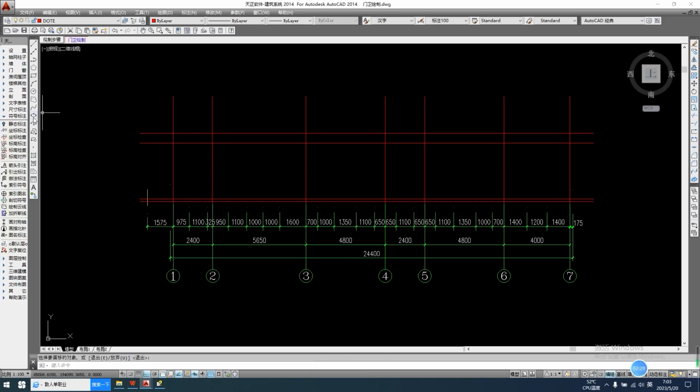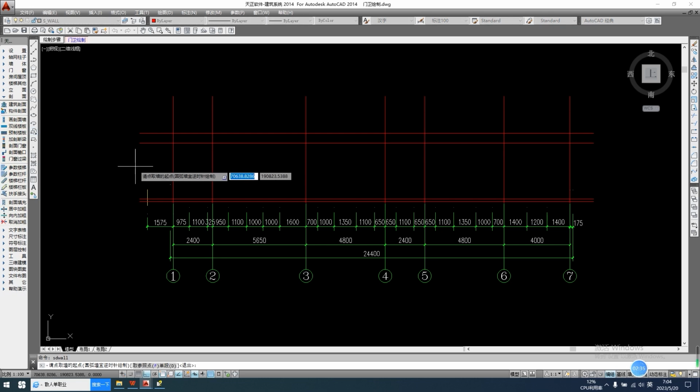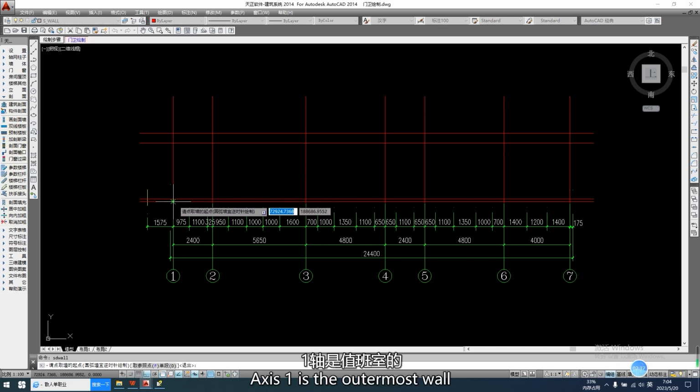First of all, we draw the sectioned walls. Axis 1 is the outermost wall of the duty room.